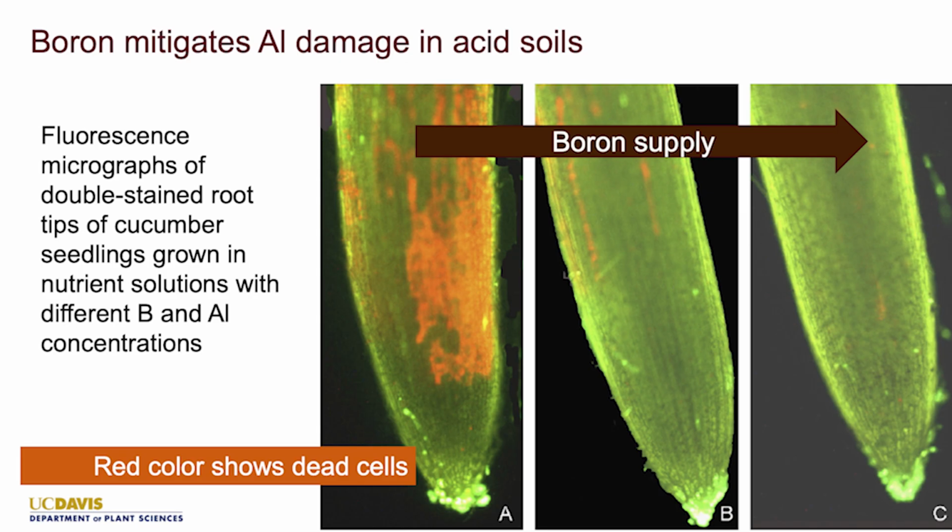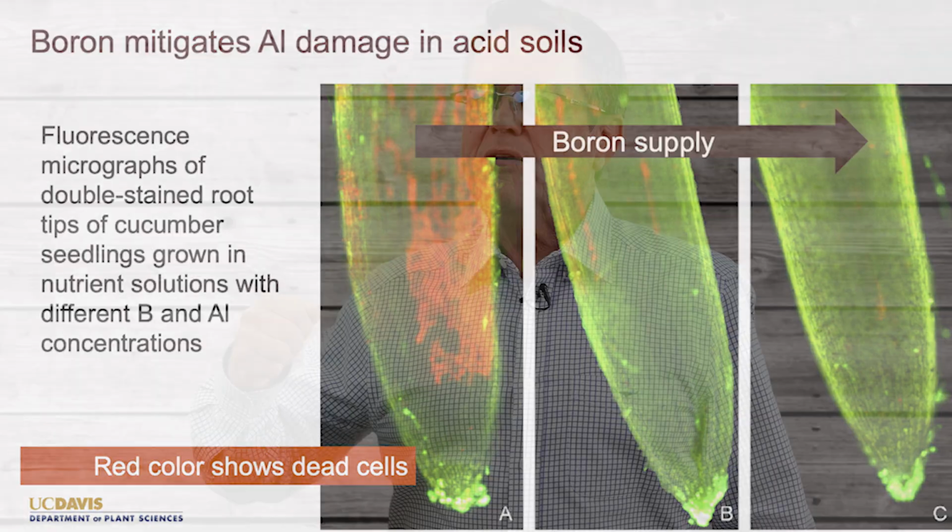The three images on the right on this screen are all exposed to the same amount of aluminum, but you increase the amount of boron as you go from A to B to C. The red areas you see are dead cells, and you can see clearly that as the boron is increased, the amount of damage caused by aluminum is decreased.